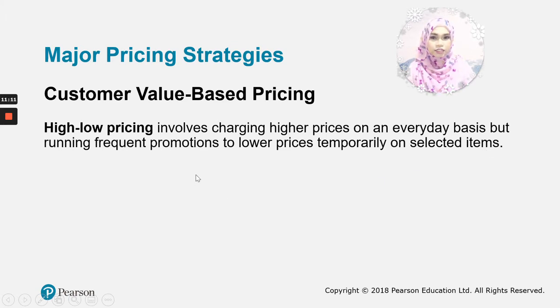Typically, if you go to the shopping malls or supermarkets on the weekdays, they will have the normal or higher prices of the product, but at the weekend, Saturday, Sunday, or even starting on Friday, they will start to do some promotion to lower the prices temporarily on selected items. That is when they call it the weekend sale, for example. So that will be the high-low pricing.